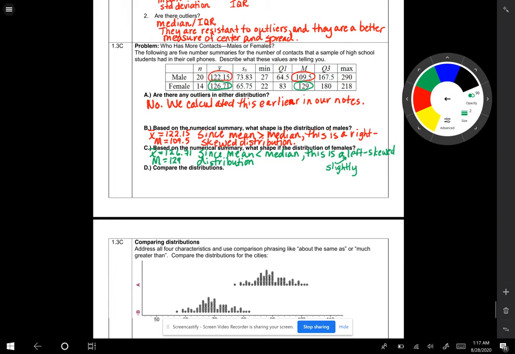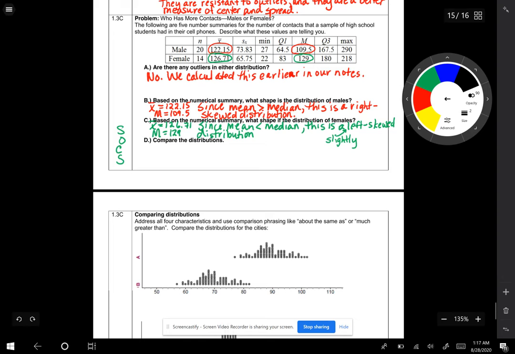And then lastly, comparing the distributions. We always want to make sure we get those involved. So probably need to write small here to fit everything in. The distributions are definitely skewed. So we can just say they have different shapes, but we want to be specific.